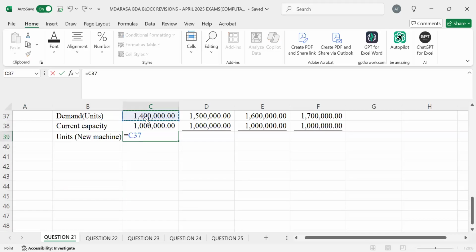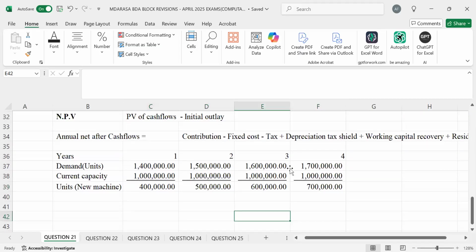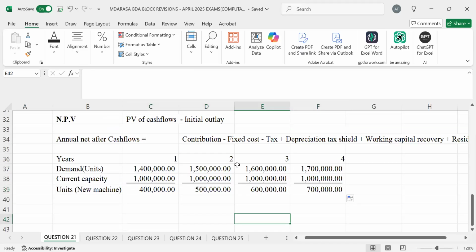We have that minus that value. So the new machine is expected to cater for the excess demand.